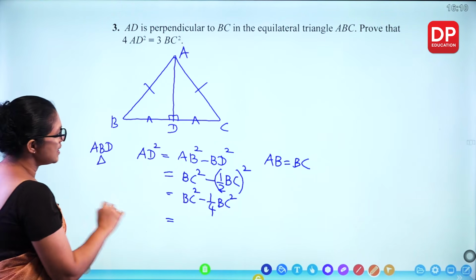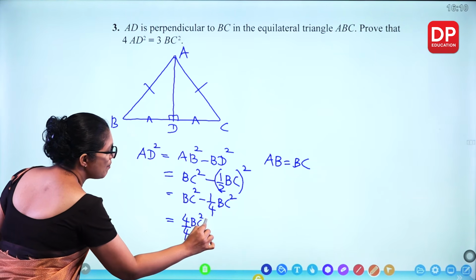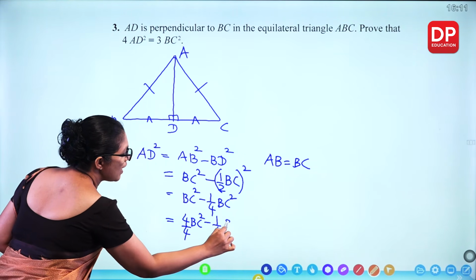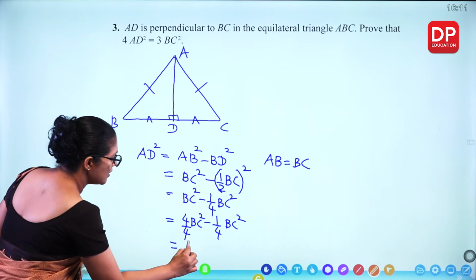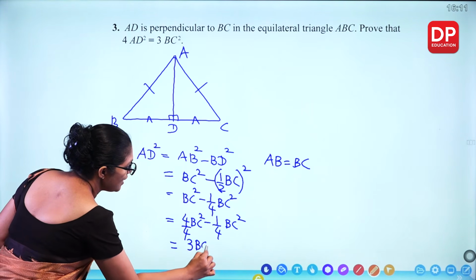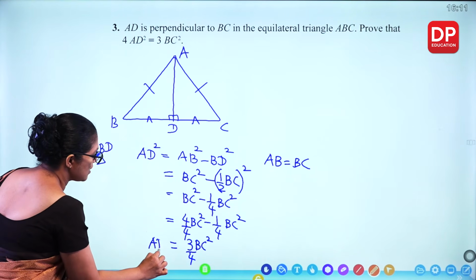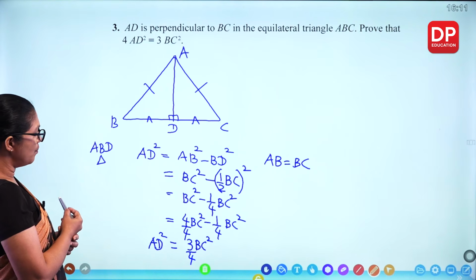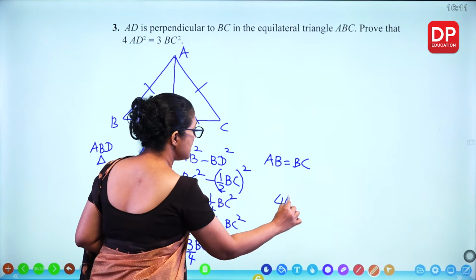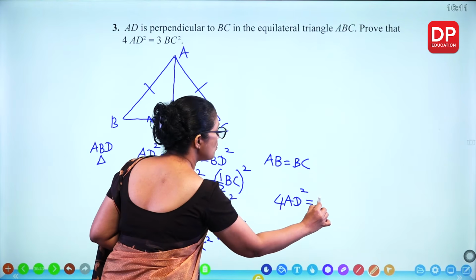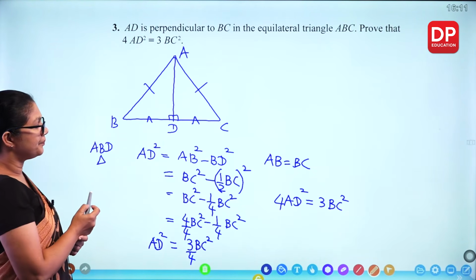So this one I'm getting 4/4 BC squared minus 1/4 BC squared. When you subtract, you get 4 minus 1, 3/4 BC squared is AD squared. Multiplied by 4, you get 4AD squared is equal to 3BC squared.